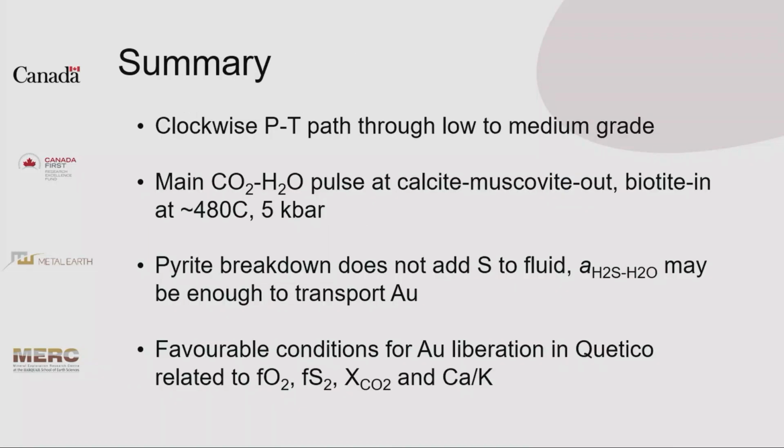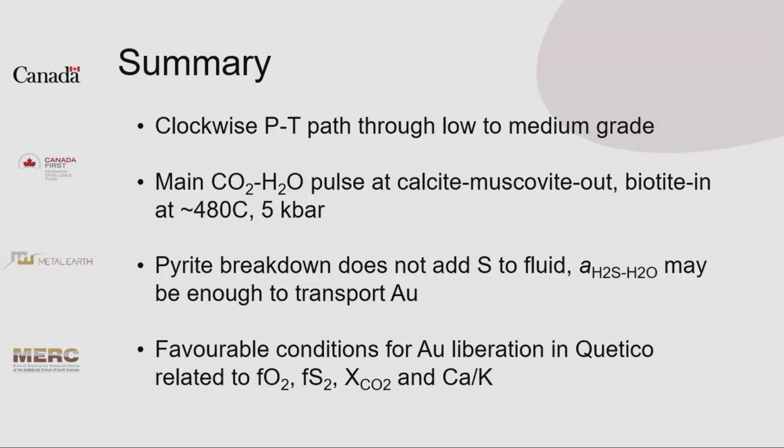Okay, so to summarize, we have a clockwise PT path through the greenschist to amphibolite facies. The major pulse in semi-pelites is going to be the muscovite out, biotite in reaction at about 450 to 500 degrees Celsius. Pyrite breakdown doesn't really add any sulfur to the fluid based on our whole rock and phase equilibrium modeling.